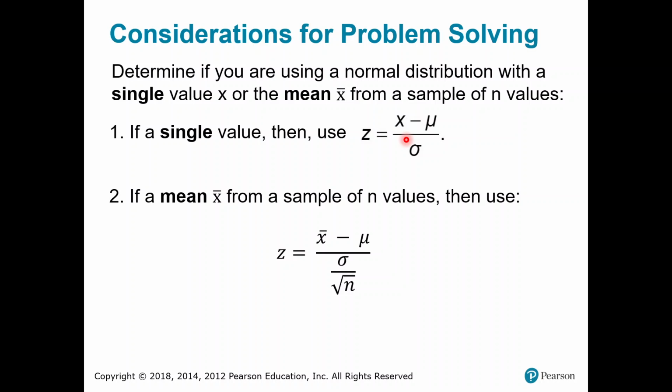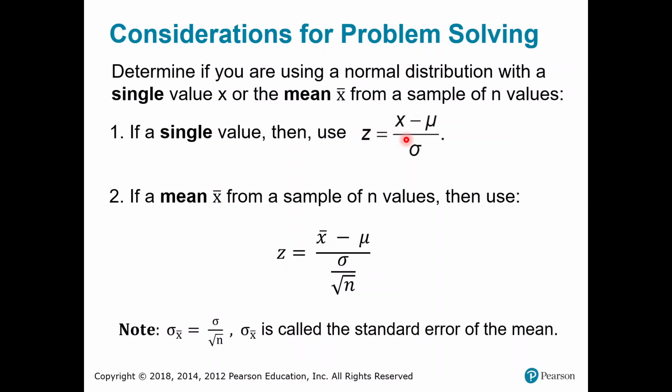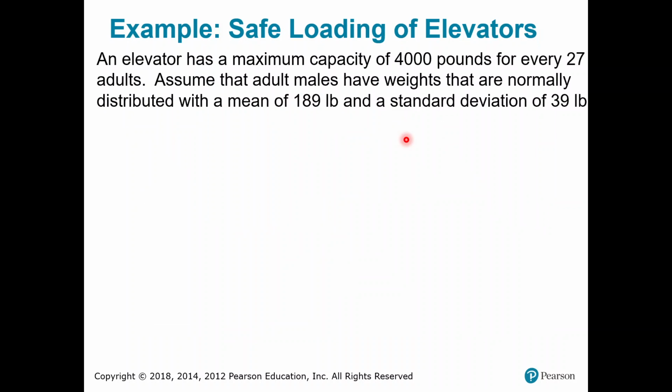Now, let's look at one example. An elevator has a maximum capacity of 4,000 pounds for every 27 adults. Assume that adult males have weights that are normally distributed with a mean of 189 pounds and a standard deviation of 39 pounds.